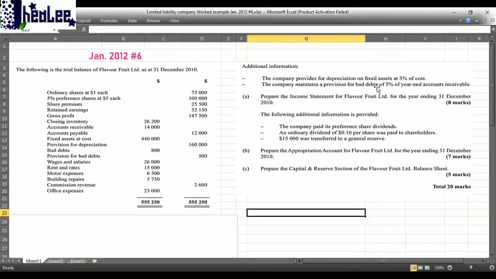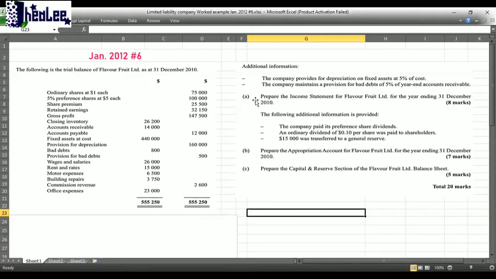If the provision for bad debts balance for this year is greater than that of last year, it means that there is an increase. So therefore, the difference is shown as an expense. However, if it is a reduction, the difference is shown as a revenue.